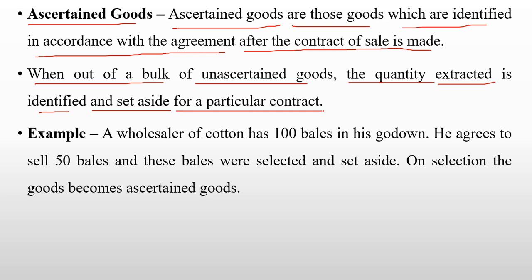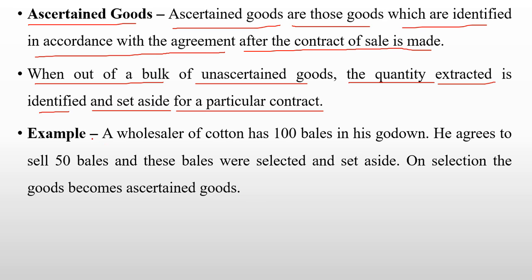Now it becomes certain goods. From the huge bulk of the electronic showroom, you categorize only one product, that is, a mobile phone. That is certain goods.